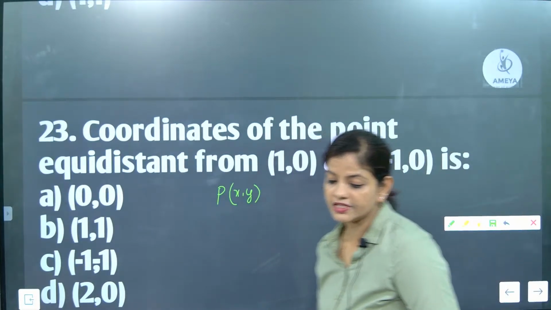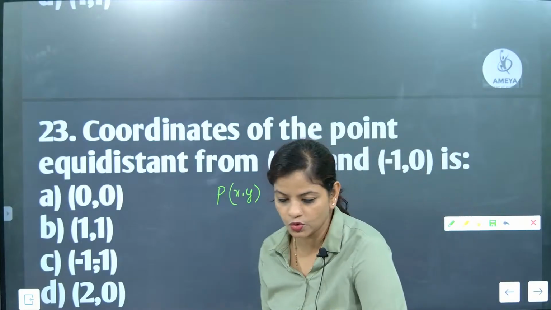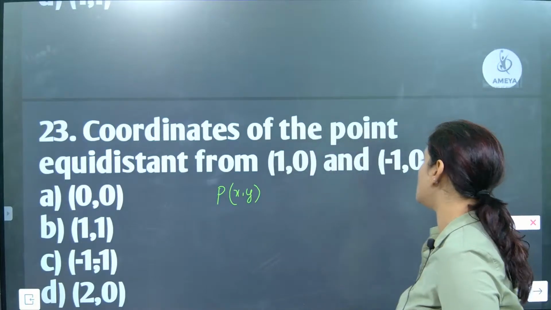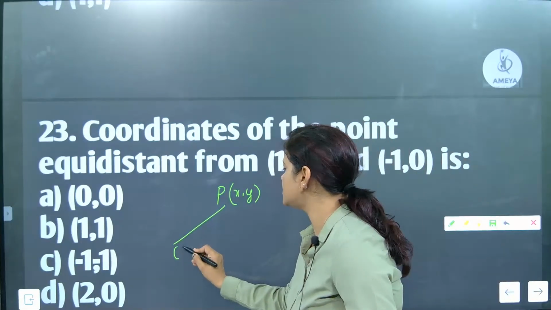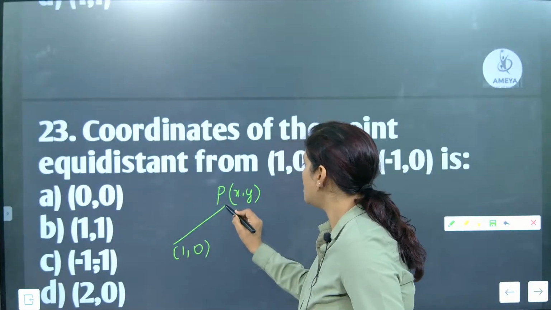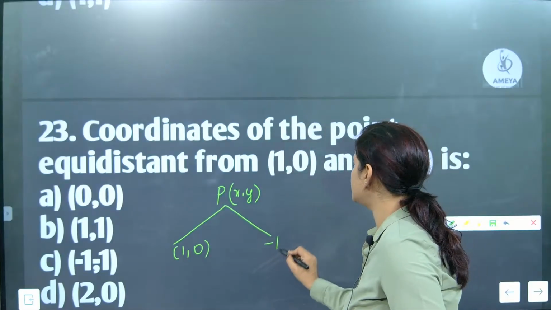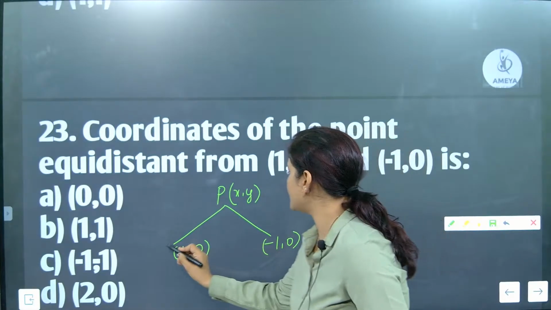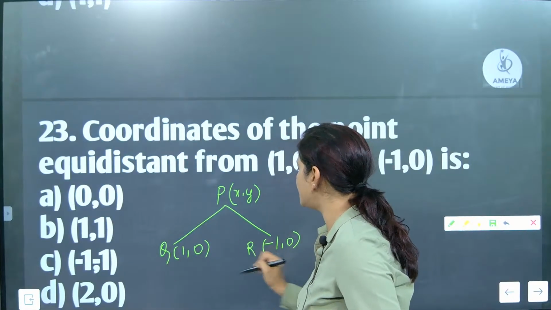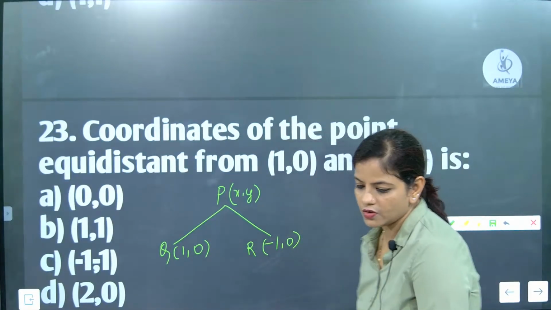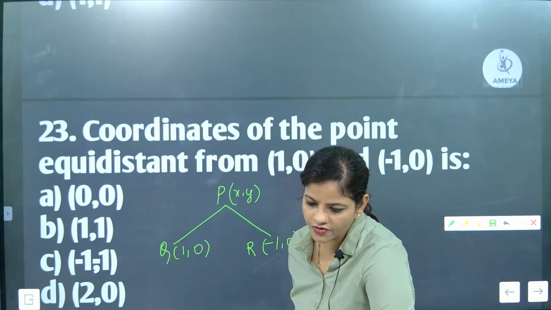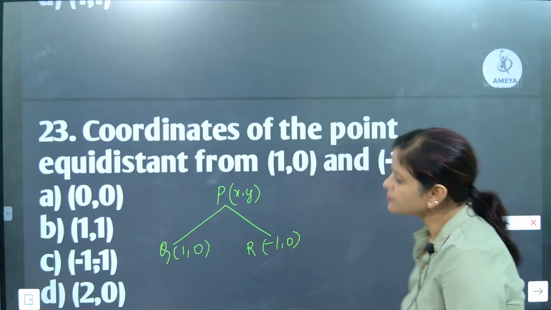This point P is equidistant from the two points. Let us consider which are the points. First point is 1 comma 0. Another point is minus 1 comma 0. We are going to take them as Q and R. Okay, Lakshmi, you have given the answer D.